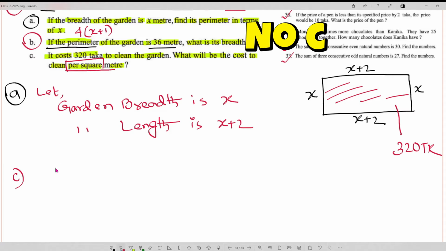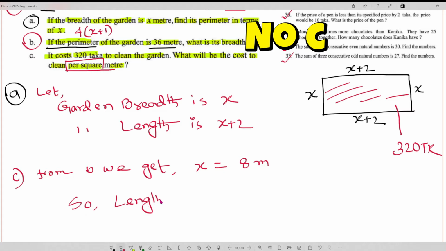So from B we get x equals to what? We already get x equal to 8 meter. Now so length is x plus 2 because 2 meter more than breadth.